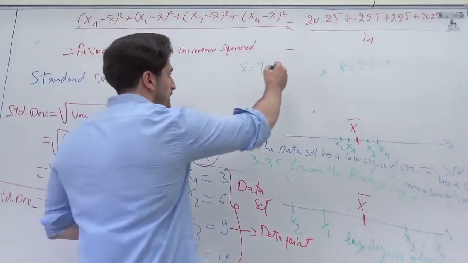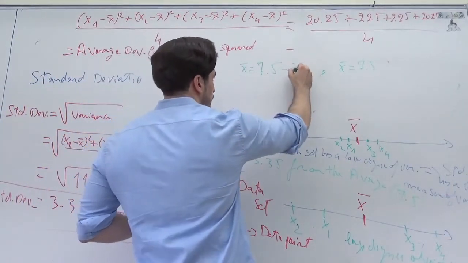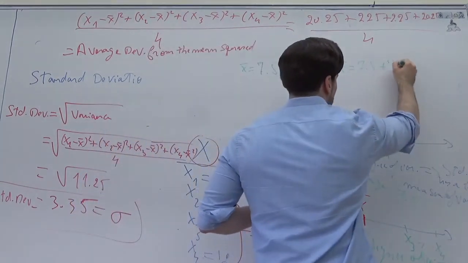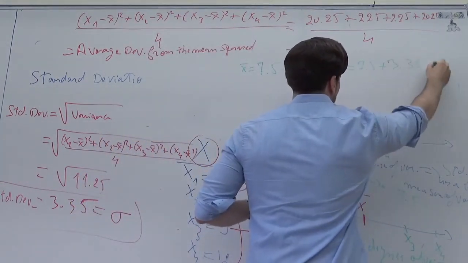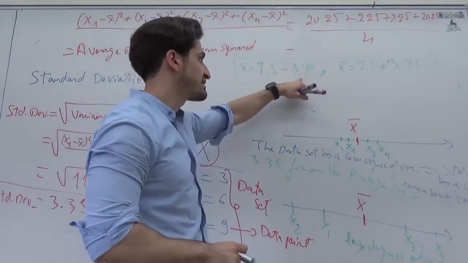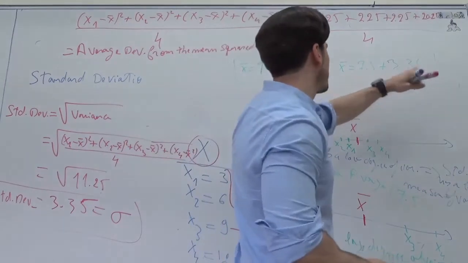So let's subtract over here 3.35, and let's add over here 3.35. So as we can see now, we have an interval which consists of x bar minus sigma and x bar plus sigma.